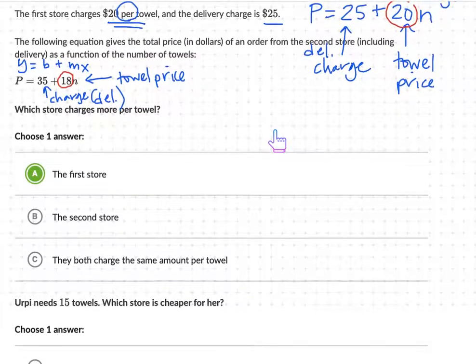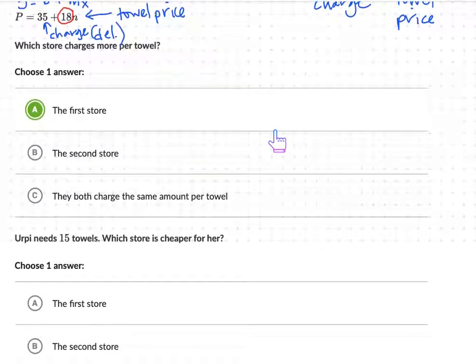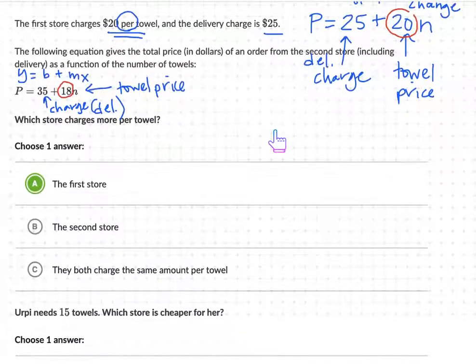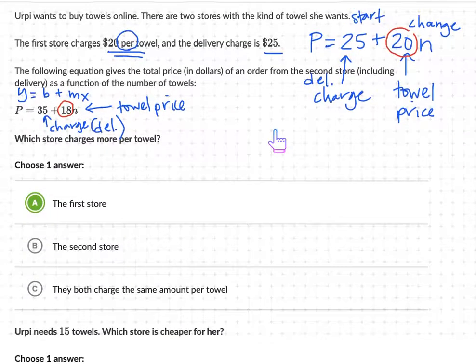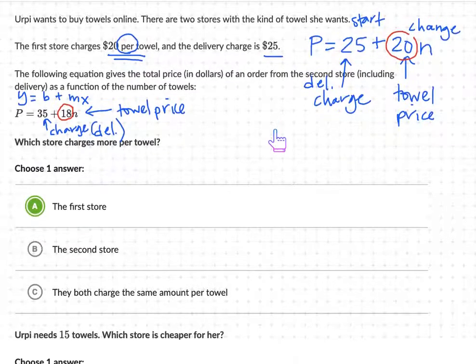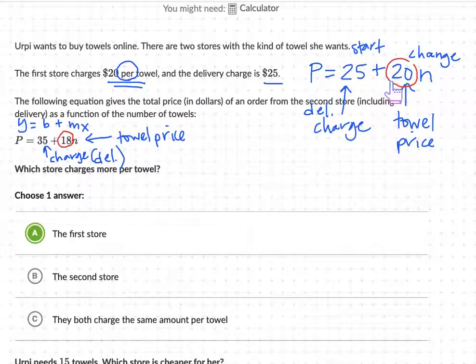Let's see. The second question says Orpi needs 15 towels. Which store is cheaper for her, right? So if she's getting something like 15 towels, we have to figure out which one is better, because it could be the one with the cheaper delivery charge, or it could be the one with the cheaper towels. So 15. The good thing about equations is you can just put in 15 instead of that n.